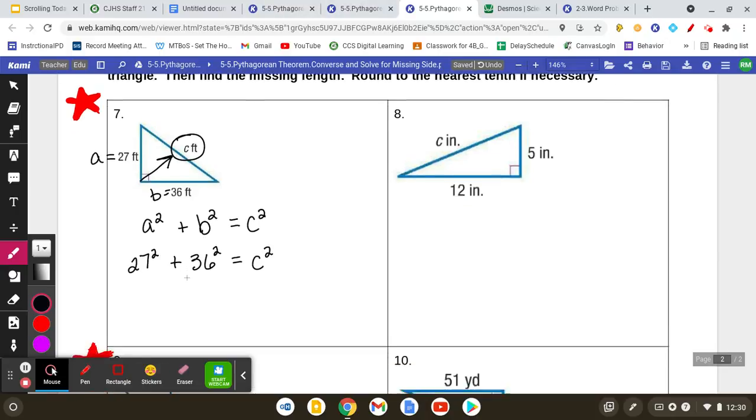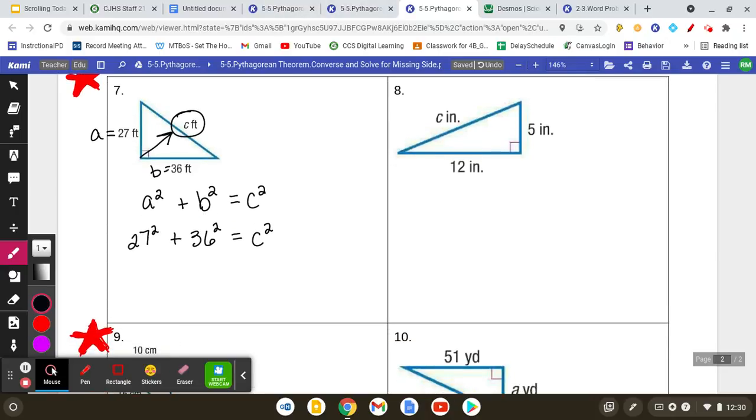So 27 times 27 will give us 729, plus 36 times 36 will give us 1,296 equals C squared. Next, we need to add those 2 together. And we get 2,025 equals C squared.